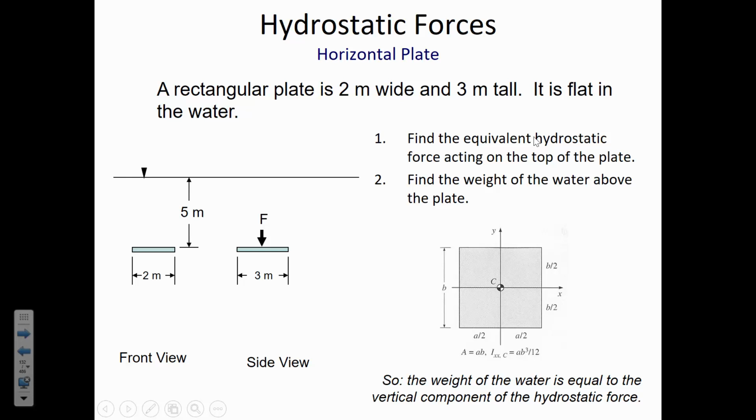So let's see, we have like a box of water, and it is 2 meters by 3 meters, and weight is volume multiplied by the unit weight.